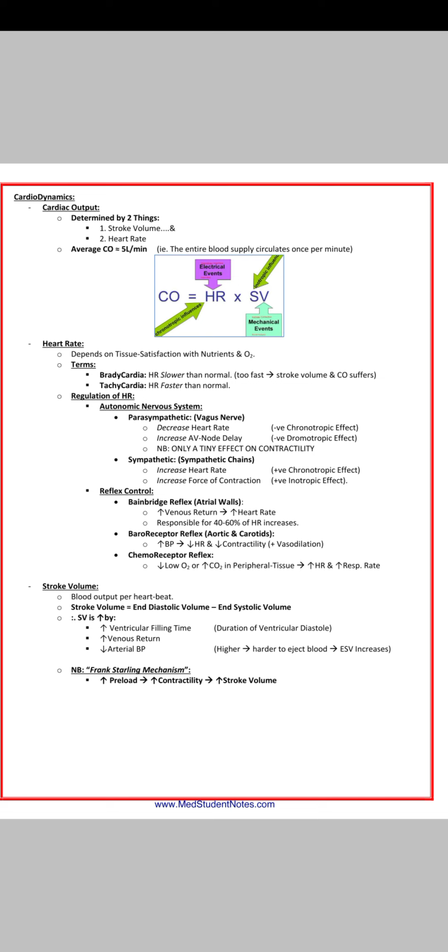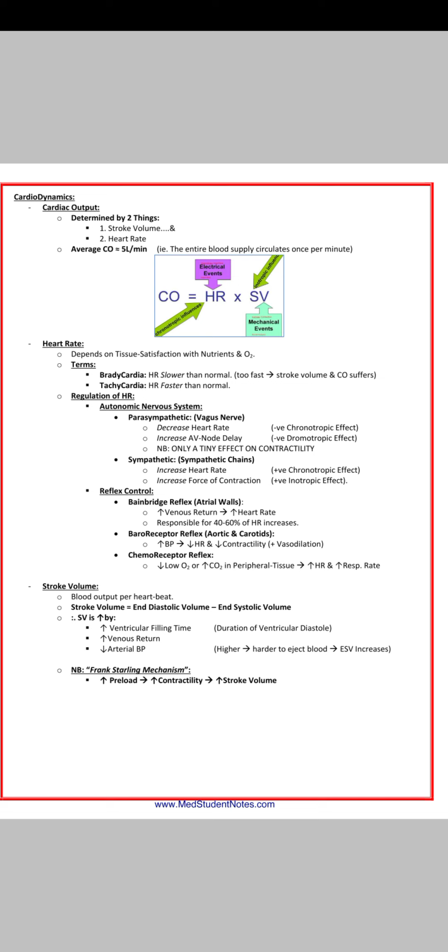The parasympathetic decreases the heart rate by decreasing the activity of the AV node and reducing contractility, and the sympathetic nervous system increases the heart rate and the force of contraction. The increase in heart rate is known as the chronotropic effect, and the increase in the force of contraction is known as the inotropic effect. The change in AV node delay is known as the dromotropic effect.